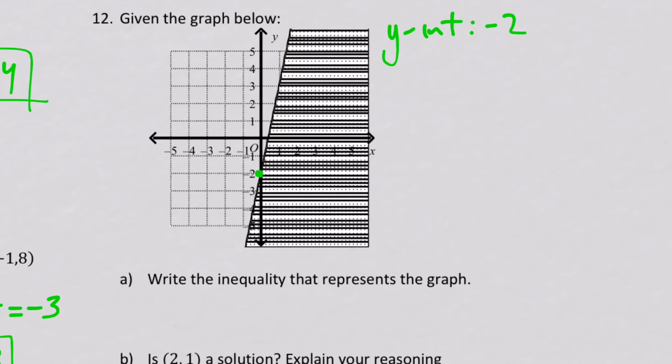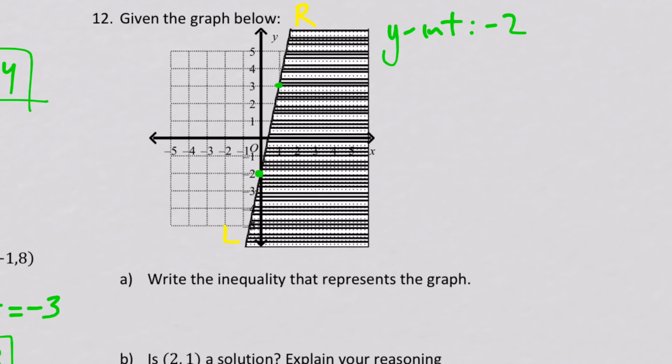Now, if I want to find the slope, I have to pick a second point that I can use to be able to count my slope. So if I look around the line, where is there a good second point? And I think this here is a good point, the point 1, 3. So I'm going to mark it also. So with those 2 points, I can count my slope. And again, remember, it's always from left to right.